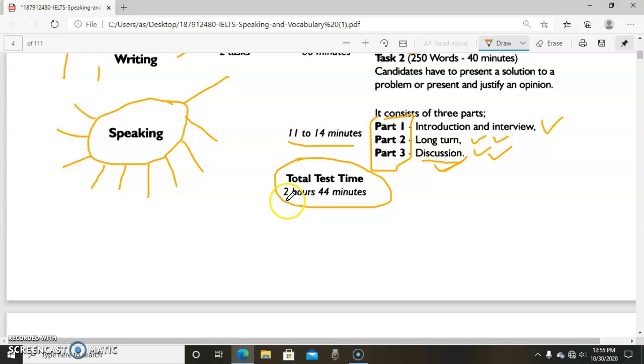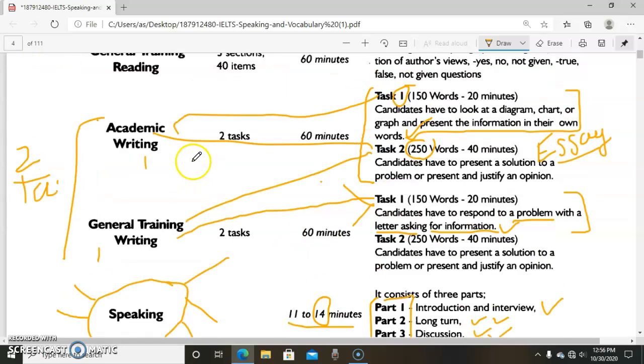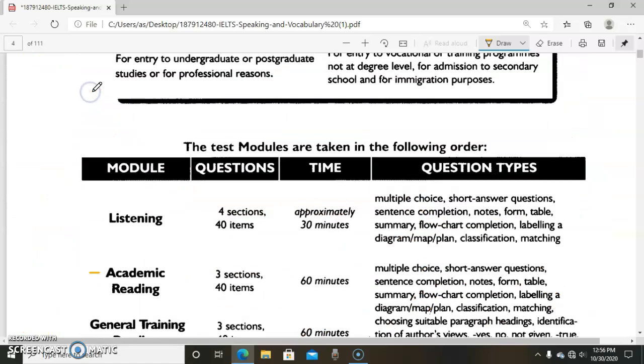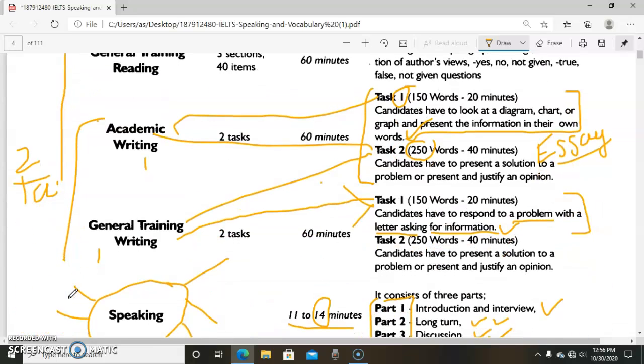All right. So the total time it will take for your test: you will sit in the exam hall for 2 hours and 44 minutes. Okay, 2 hours and 44 minutes. That means minus the 14 minutes of the speaking skill, because speaking is tested separately, right? These 3, listening, reading, and writing, will be tested during one session.